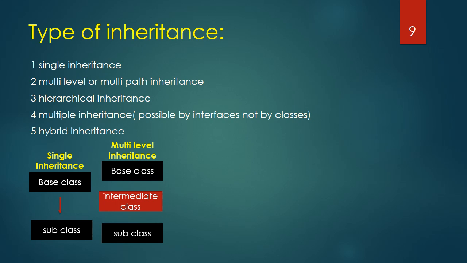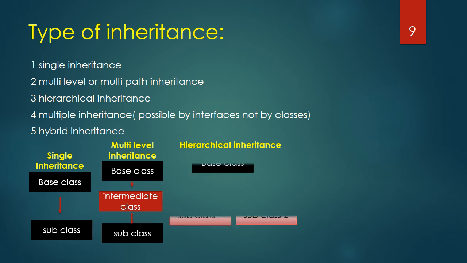In this way, one class gets properties from another. Next, hierarchical inheritance contains one base class and more than one subclass. Subclasses can be any number, but the base class should be only one. In this way, subclasses get properties from the base class.